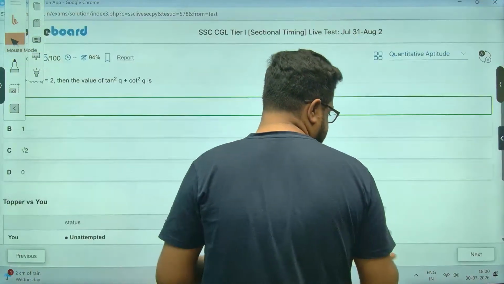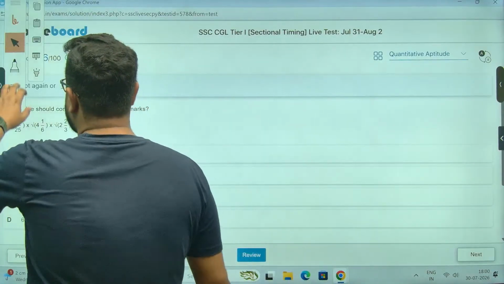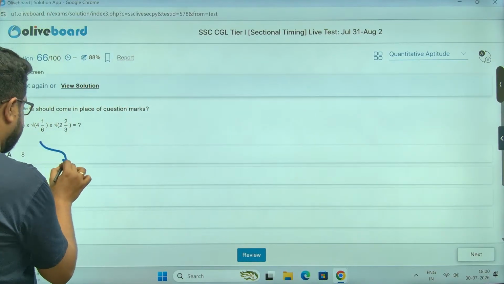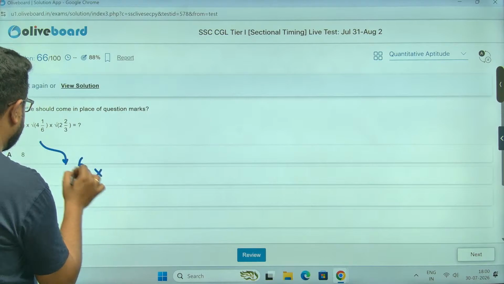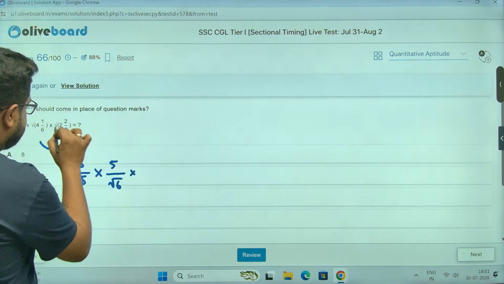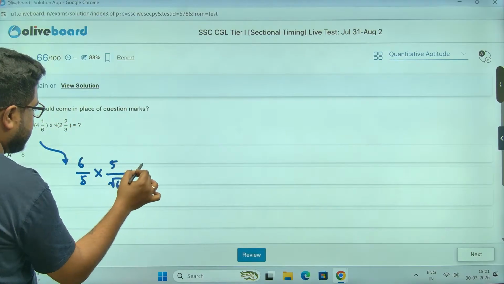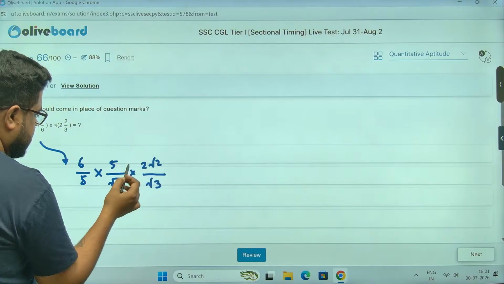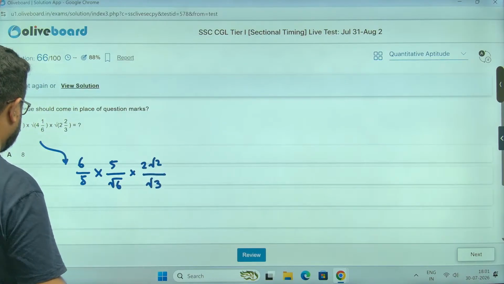Next one, please. This is given 36 by 25, meaning 6 by 5 into 25 by root 6, into, this is 3 twos are 6, twos are 8, 2 root 2 by root 3. Root 2, root 3, root 2, root 3.